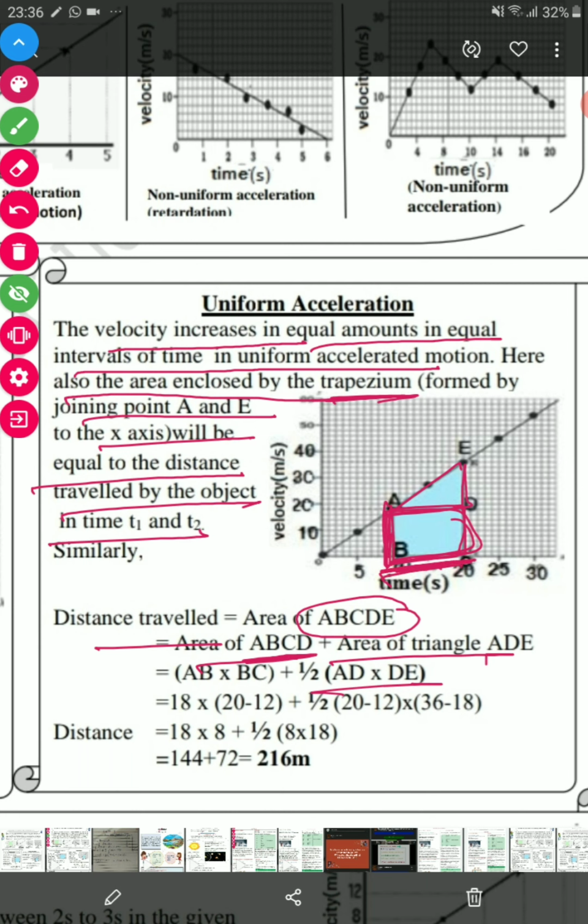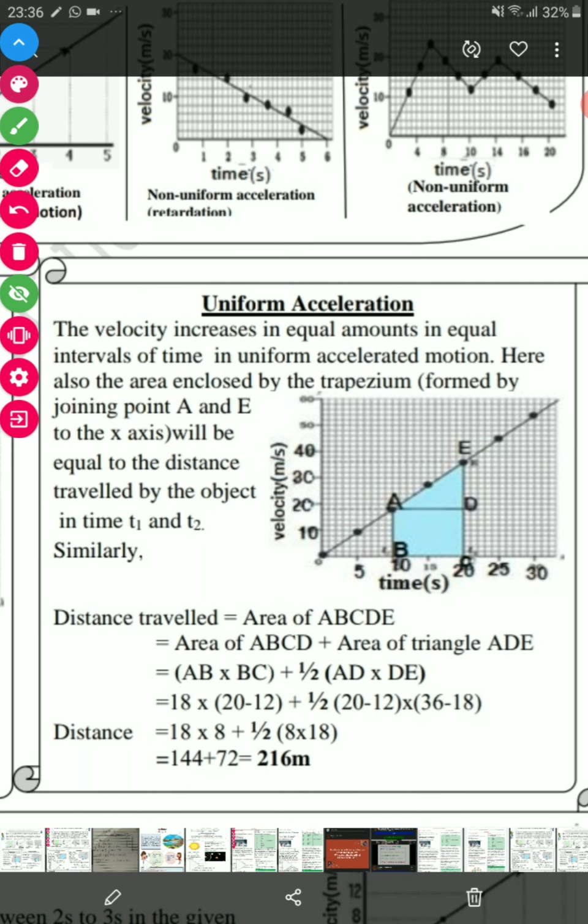We have AB, from 0 to this, less than 20, seems to be about 18, into BC. BC is what? See, T2 is 20, and T1 is almost a little bit more than 10, so it is 12. So we have 18 into 20 minus 12, plus half base.